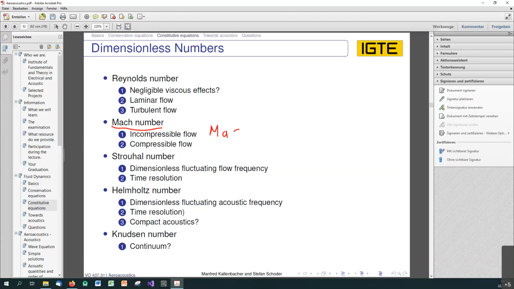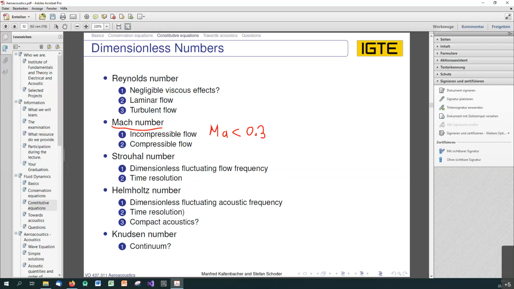For Mach smaller than 0.3, we say we do an incompressible flow simulation, keep it simple, and all is good. So the Mach number helps you decide what type of flow simulation you're doing.